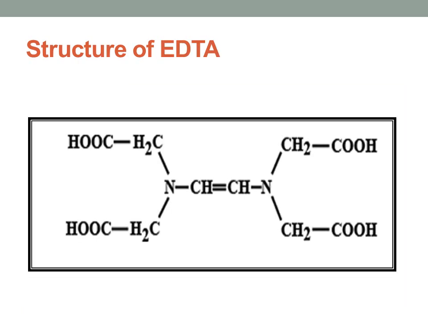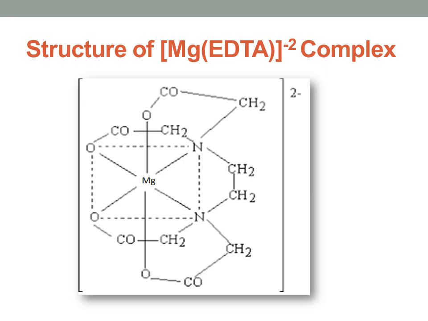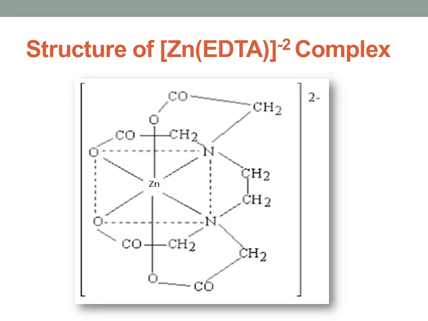After writing the equations, you will have to draw the structure of EDTA as shown below. After the structure of the ligand, you have to draw the structure of the complexes. First, the magnesium EDTA complex will be drawn. After that, the structure of the zinc EDTA complex will be drawn.